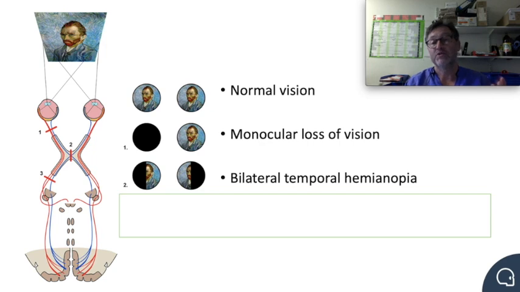Well, what disease processes can do that? If you remember our anatomy, the pituitary gland sits just at the base of the cerebral hemispheres and sits right up against the optic chiasma. So if you have a pituitary tumour, and they're relatively common, that can put pressure on the optic chiasma and give you a bilateral temporal hemianopia.